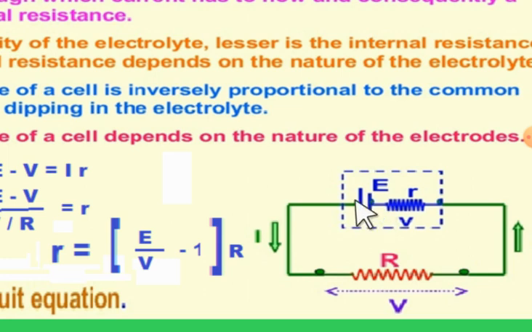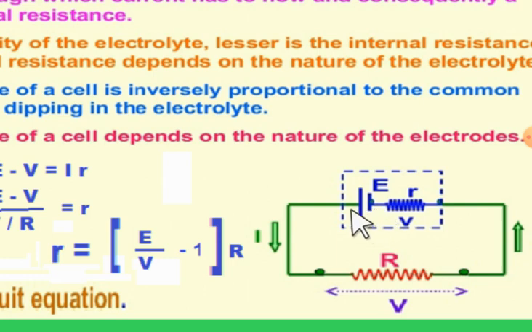Suppose you are having two plates. You must be remembering in the case of the Leclanche cell or Daniel cell, if you have the electrode just like a thin plate, then what happens? The common area of the two electrodes, either zinc or copper.